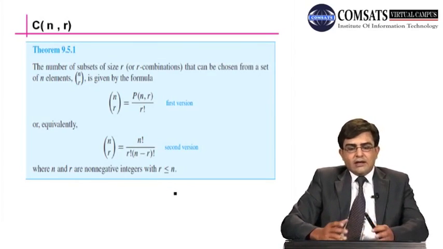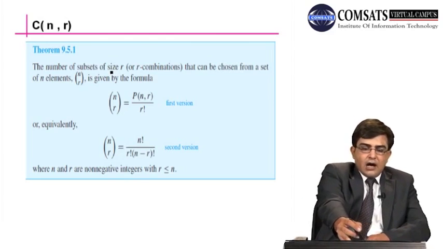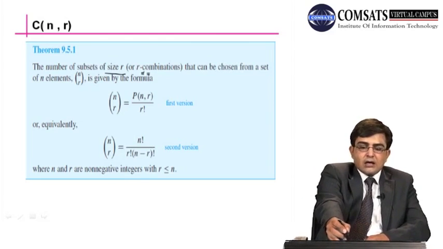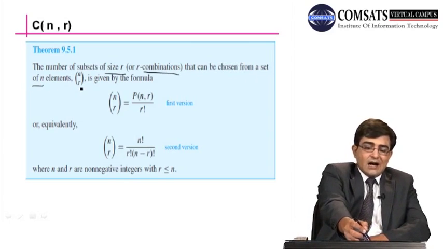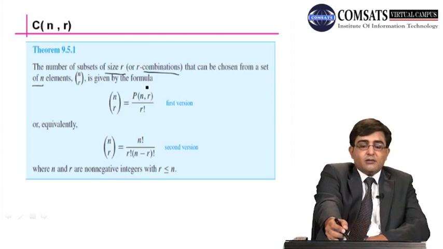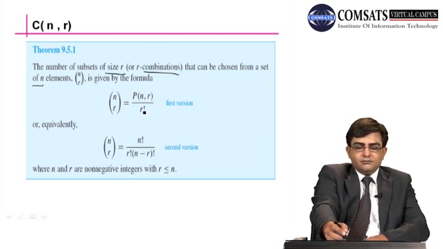Now, nCr or NCR: what is the relationship between permutation and combination? There is a theorem which shows the relationship between these two formulas, the combination and permutation. The number of subsets of size r, or r-combinations, that can be chosen from a set of n elements, nCr or n choose r, is given by the formula: n choose r is basically the permutation P(n,r) divided by r factorial.